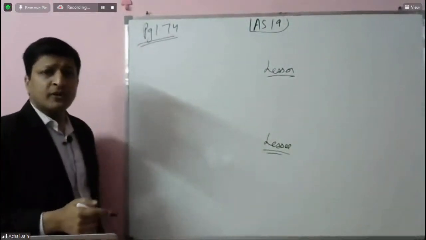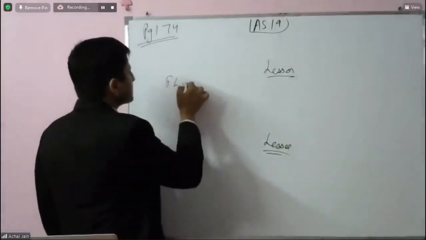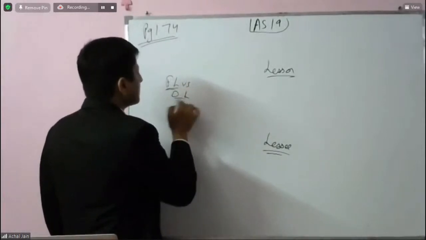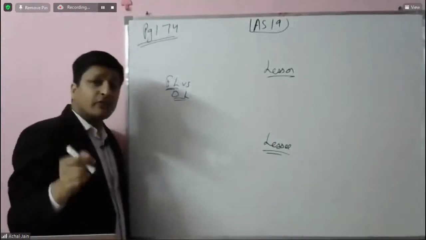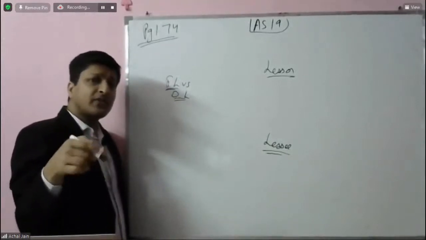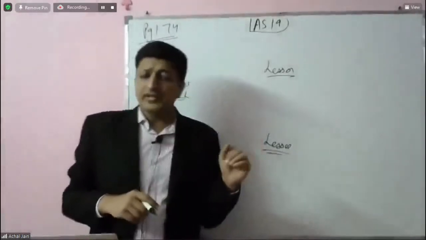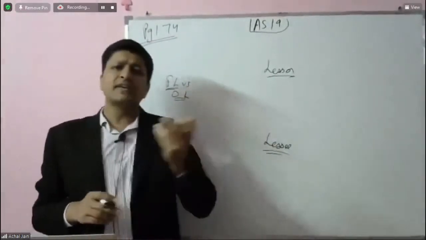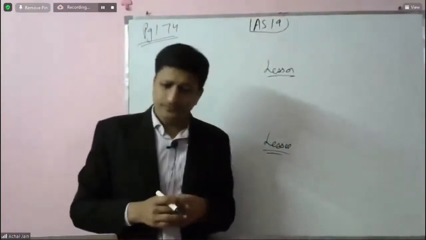So first of all, what do we check? Whether a lease is a finance lease or an operating lease. This is something we have done. Now we know whether a lease will be a finance lease or operating lease, and this will remain the same, whether you look at it from the perspective of lessor or lessee, because the contract will be one between two parties.